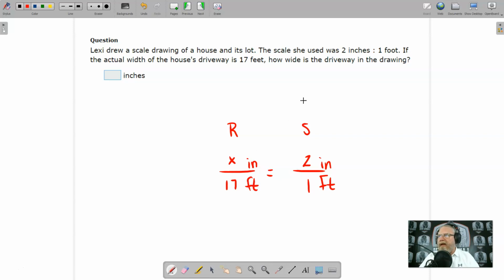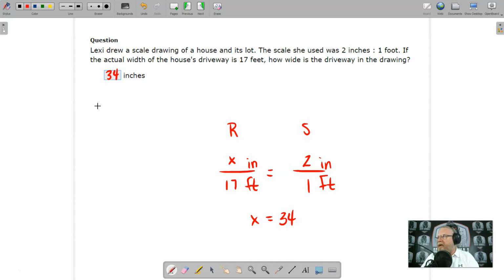So we could find out how wide the driveway is by doing this proportion. So 1 times x is x, and 17 times 2 is 34. All right, yep. So I end up with 34 inches.